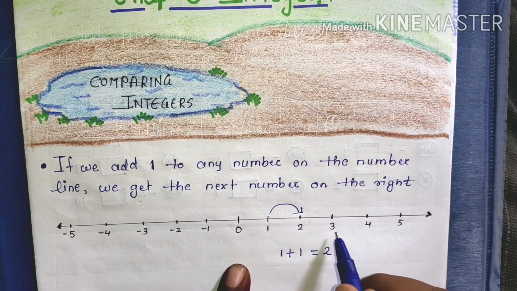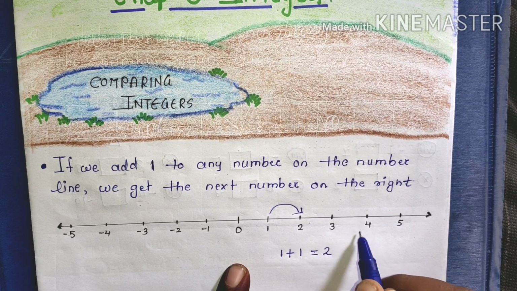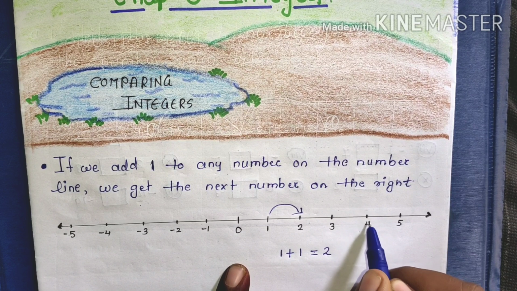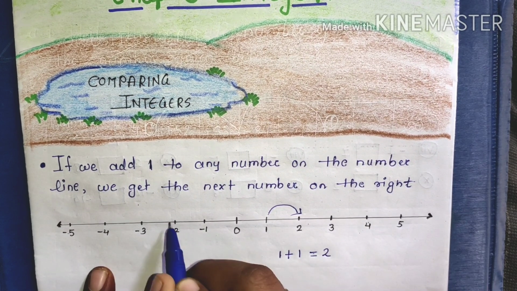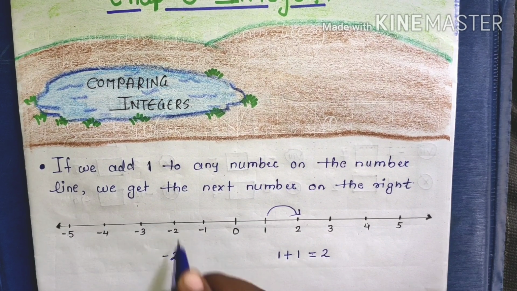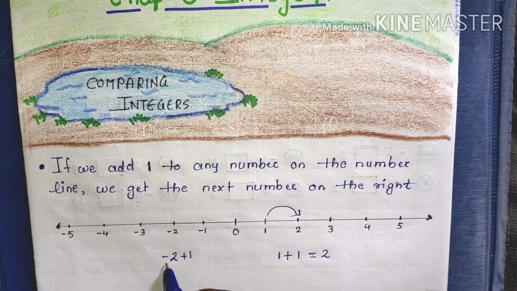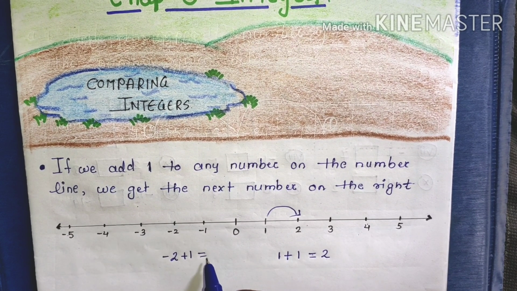Similarly if I add 3 plus 1, so what do I get? 4. That is the next number on the right side. Similarly over here, minus 2 is the number, so if I add plus 1 to this, अगर मैंने यहाँ पे -2 + 1 कर दिया, so what do I get over here?